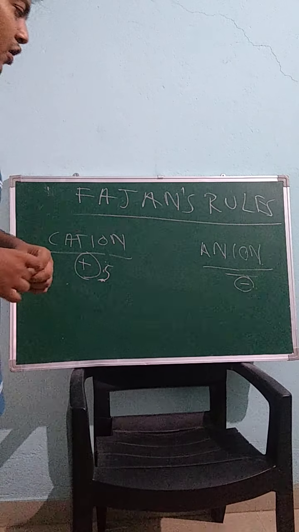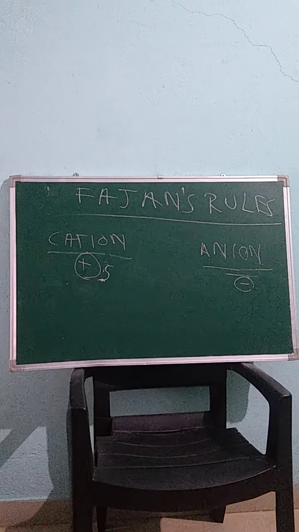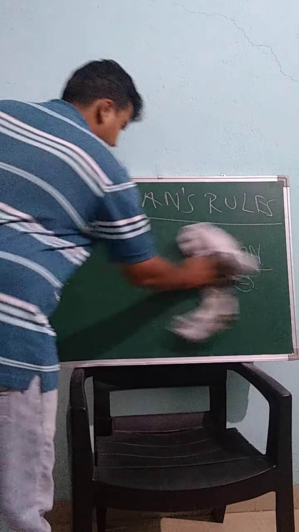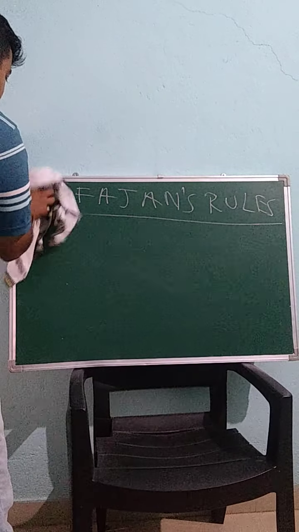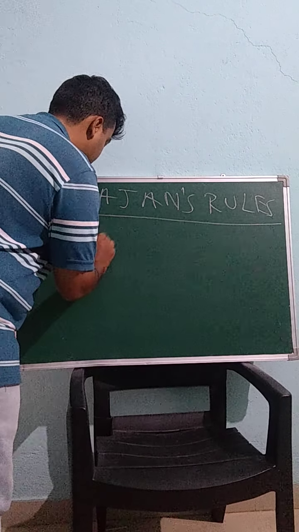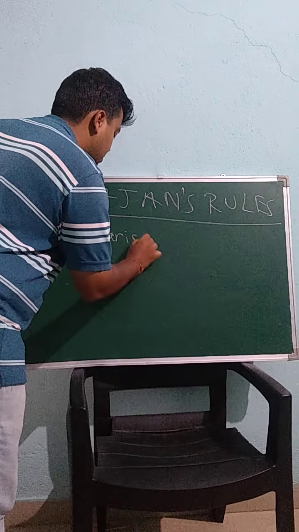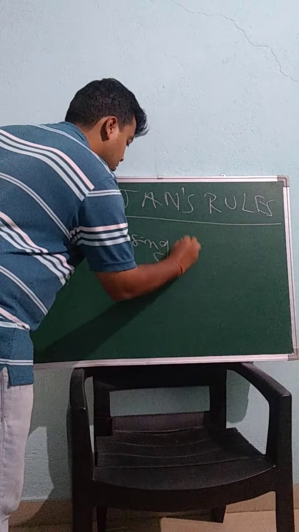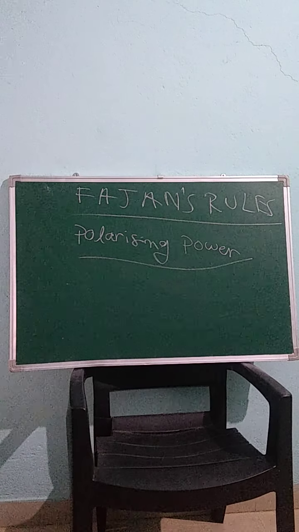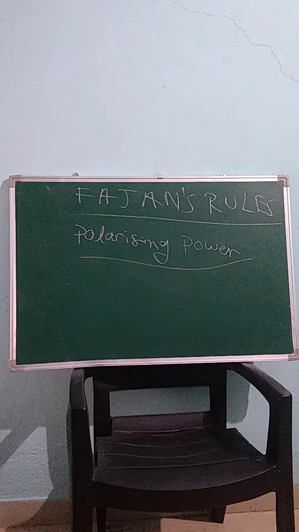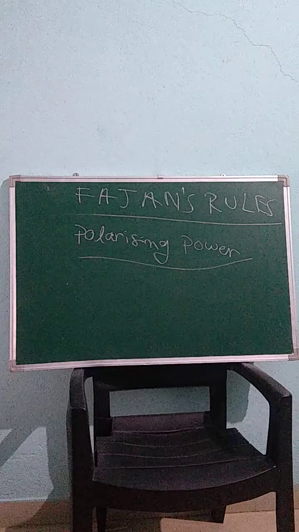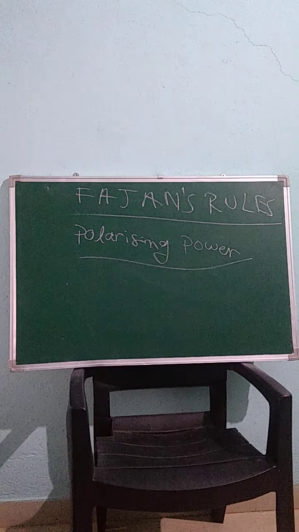The third rule is a little complicated, but it basically deals with the polarizing power. As the polarizing power increases, the covalent character between the bonds also increases. I'll explain that to you in a moment.